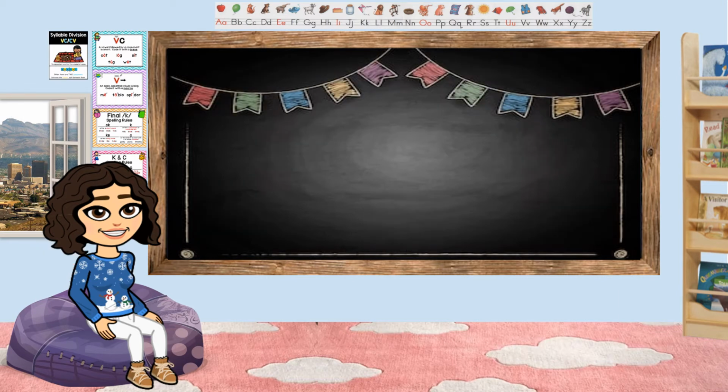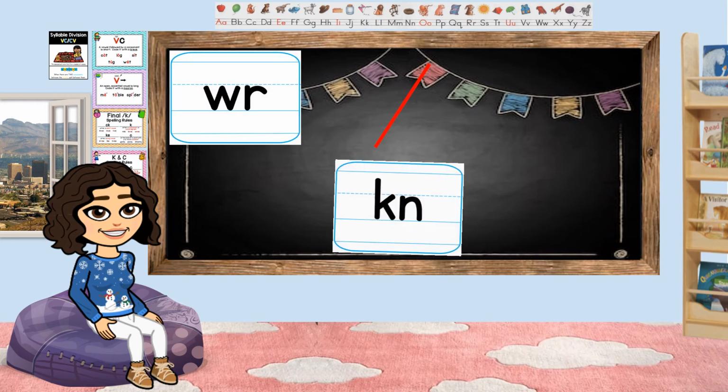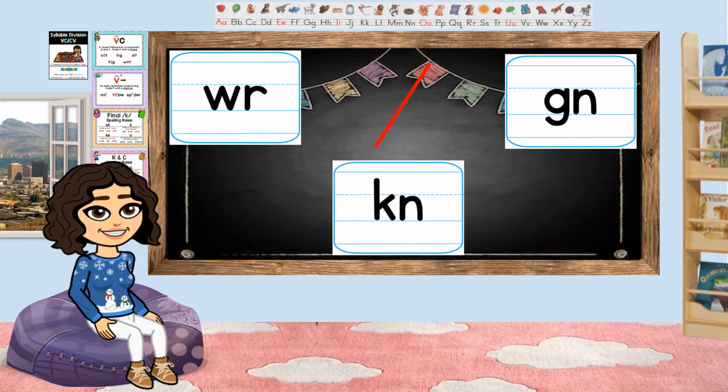How do we code ghost letters? We cross them out. Some of our ghost letter digraphs we've learned are ghost letter digraph WR, ghost letter digraph KN, and ghost letter digraph GN.